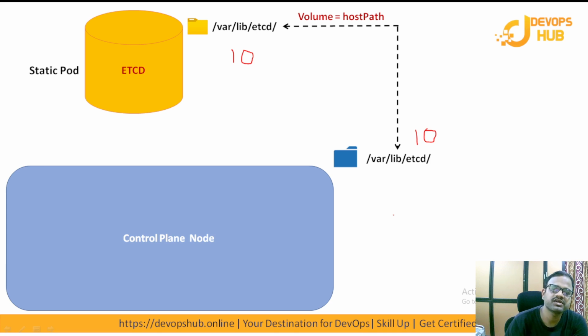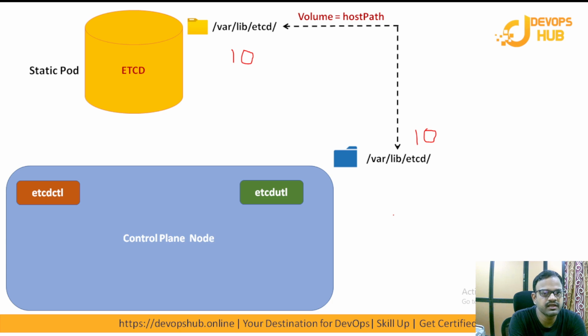So let's first bring those binaries here. How we can bring these binaries, we already discussed. We can simply go to the etcd official documentation, copy the link of the binaries, wget them, extract them, and you can work on it.